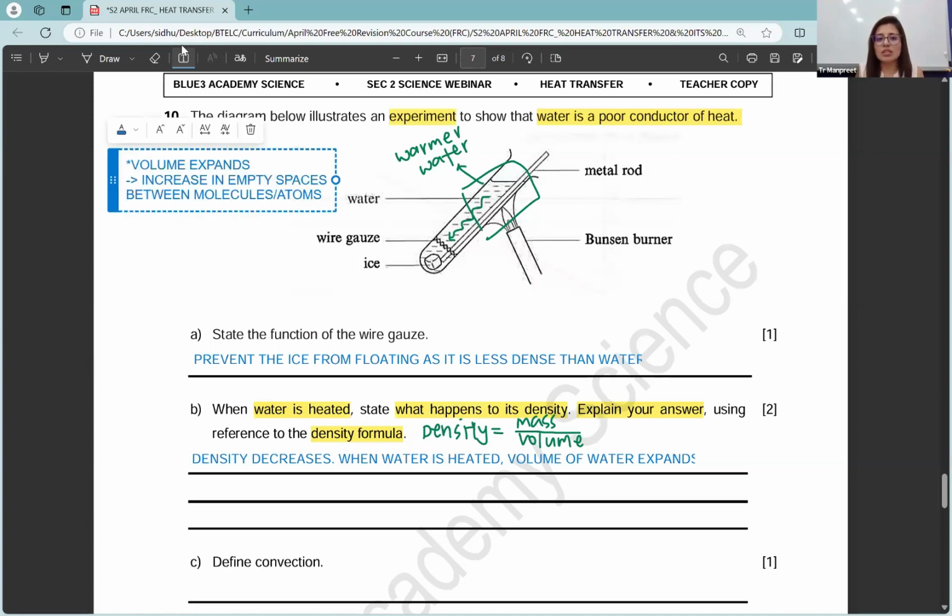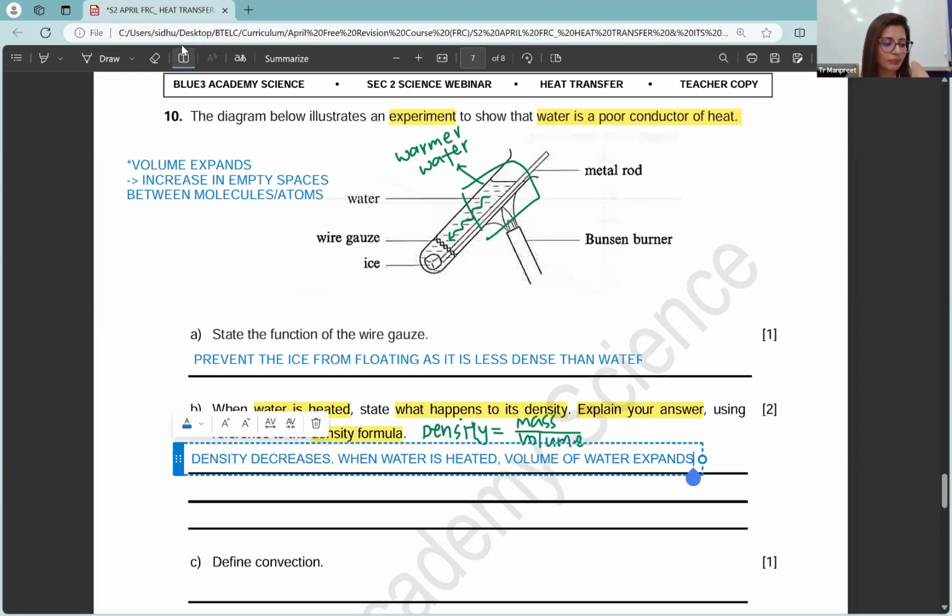Every empty space increases a bit, so eventually it leads to a large increase, because every single thing is increasing. So the volume of water increases and water expands.